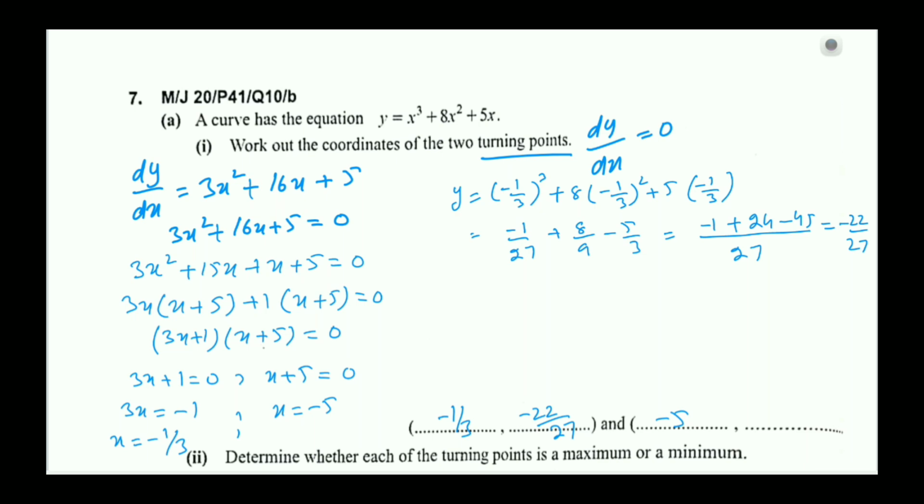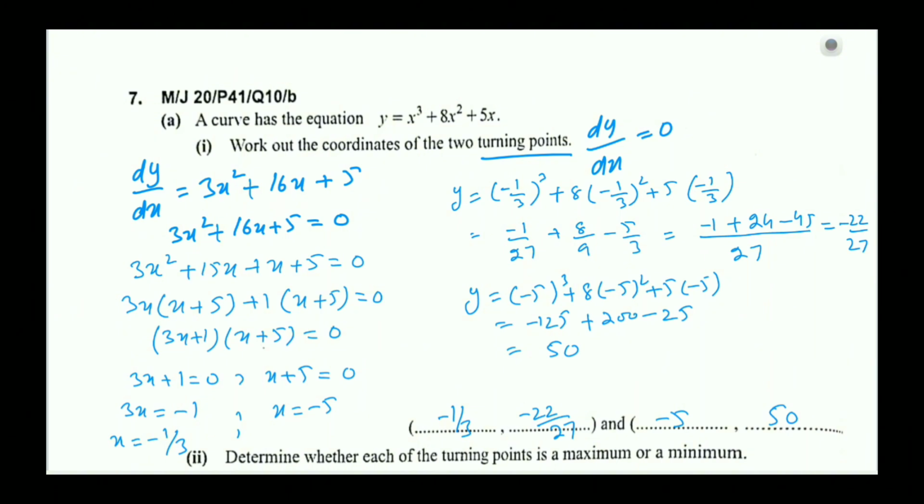Now we will put the value x = -5: y is equal to (-5) cubed plus 8(-5) squared plus 5(-5), which is -125 plus 200 minus 25, that is equal to 50. So by x = -5 we got y = 50.